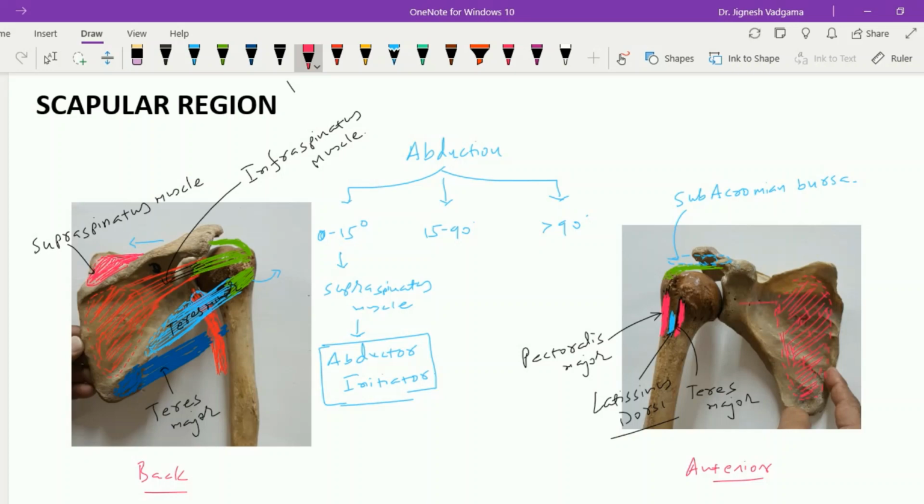It passes upward and laterally and forms a tendon, and this tendon inserts over the lesser tubercle, which is present on the anterior aspect of the upper end of the humerus. So this muscle is called the subscapularis muscle.